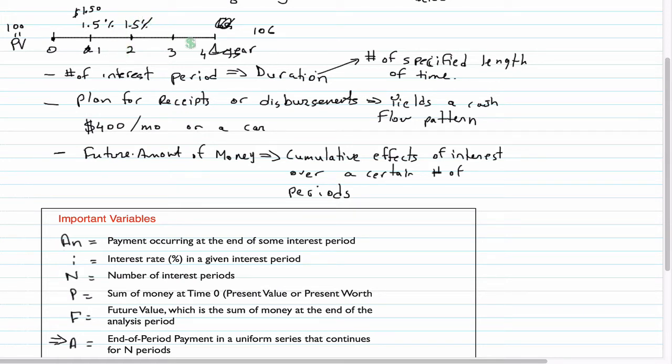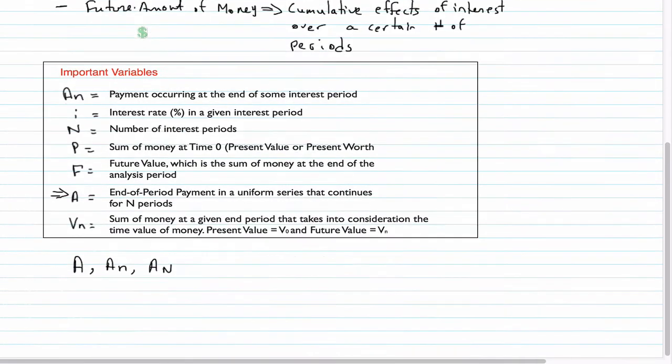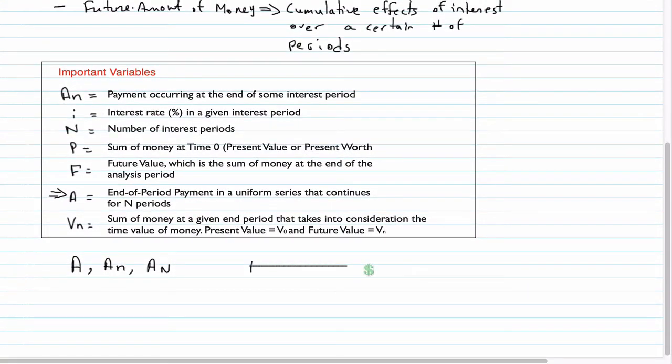So what is n? N is the number of interest periods. So in this example we have 4 interest periods, or let me just draw another one. This is year 5, and we have year 1, 2, 3, 4, and 5. So we have 5 periods, and let's say we had $10 here.